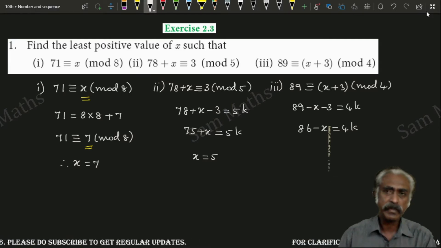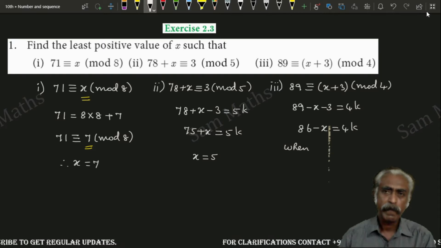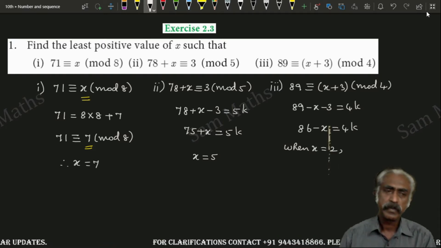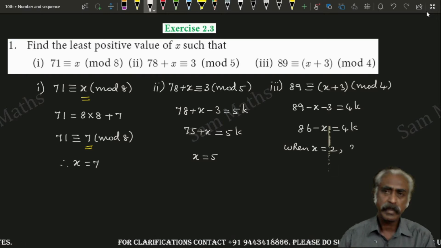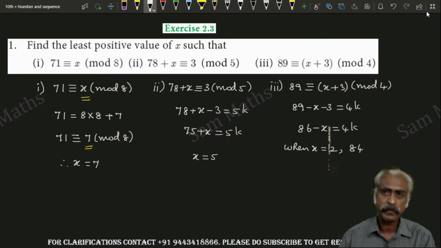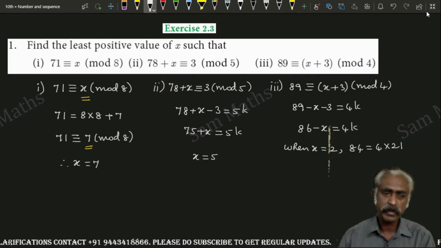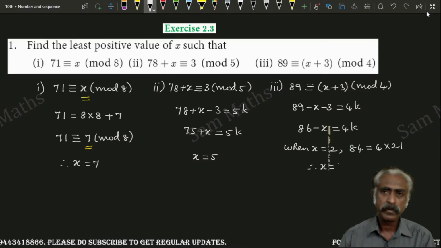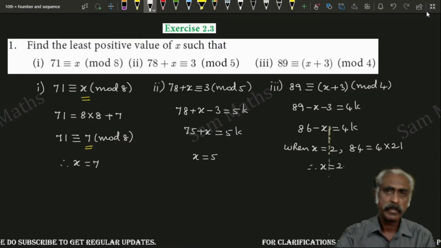You just find a number: when x equal to 2, we are getting 84. That is 86 minus 2 is 84, that is equal to 4 into 21. Therefore, the answer is x is equal to 2. This is the required answer.